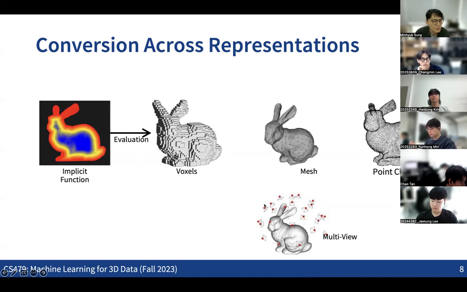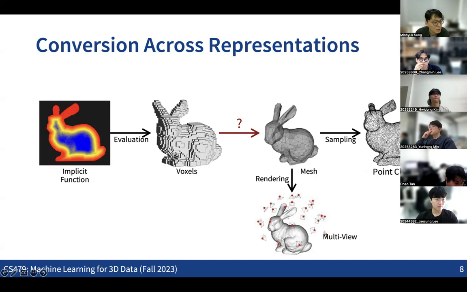And the conversion from the mesh to the point cloud and from the mesh to the multi-view images is also quite straightforward, in that we can just sample the points over the surface and render the mesh into the multi-view images. But the missing bridges across those representations are how we can convert from the point cloud, basically the voxels, into the mesh. Then we can do all this conversion all the way from the implicit function into the point cloud.